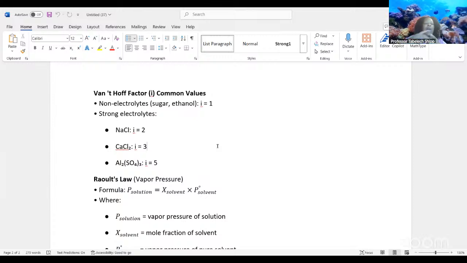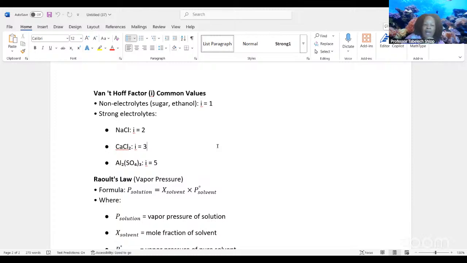But if you have something like sodium chloride, for instance, aka salt, okay? In this case right here, you have two elements, okay? And if you look at the subscripts, sodium and chlorine, 1 and 1 gives you 2. So that's how we get the Van Hoff constant equaling 2.